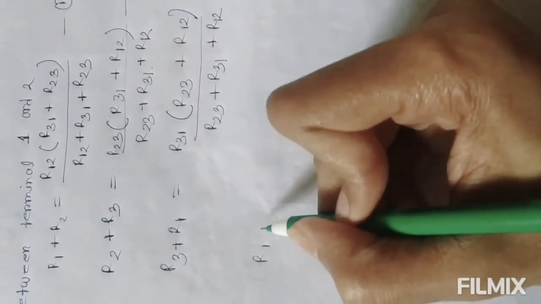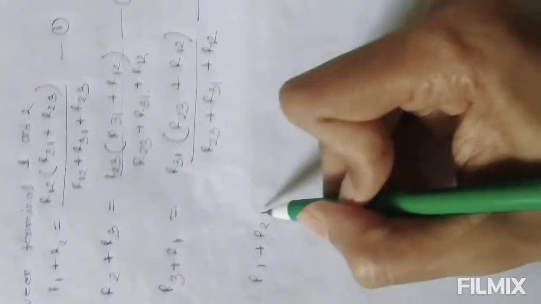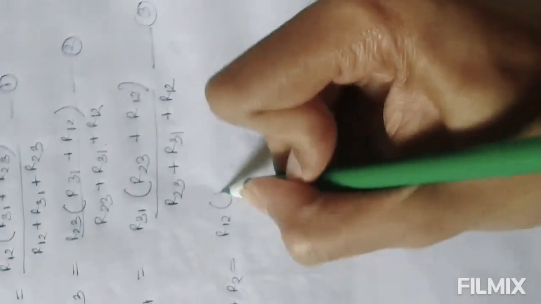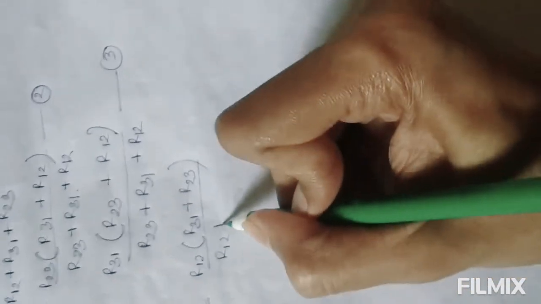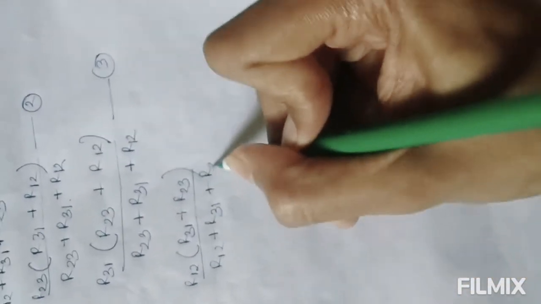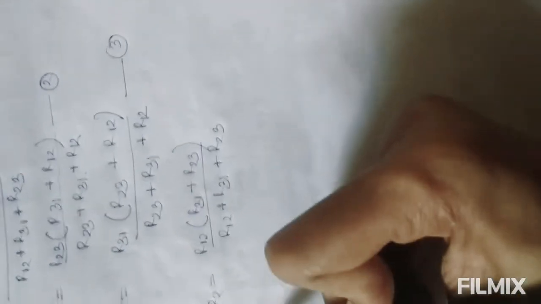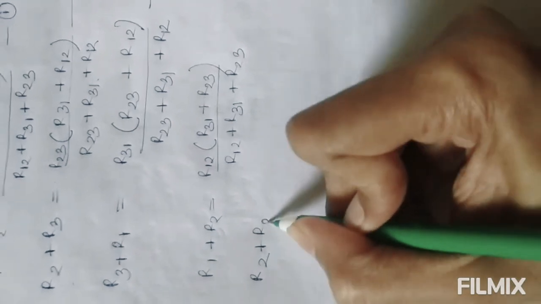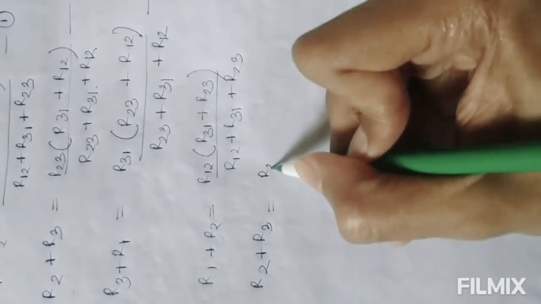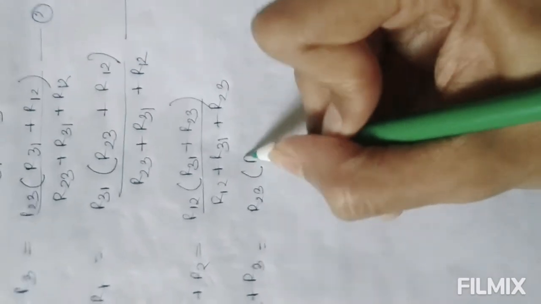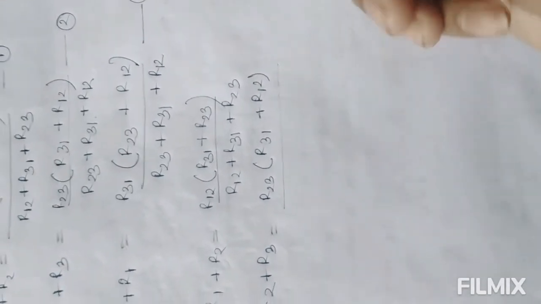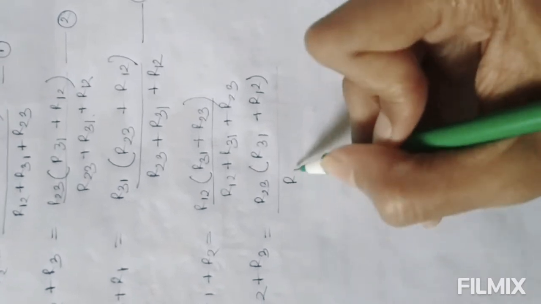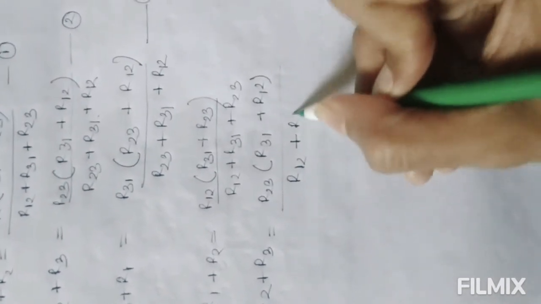R1 plus R2 equal to R12 into R31 plus R23 by R12 plus R31 plus R23, and then we write R2 plus R3 equal to R23 into R31 plus R12 by R12 plus R31 plus R23.